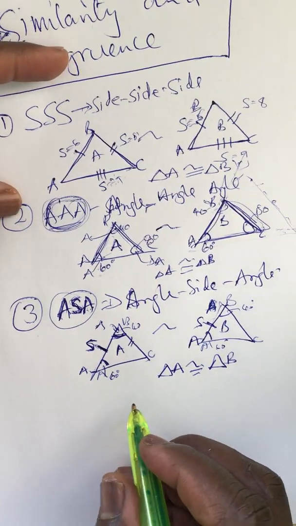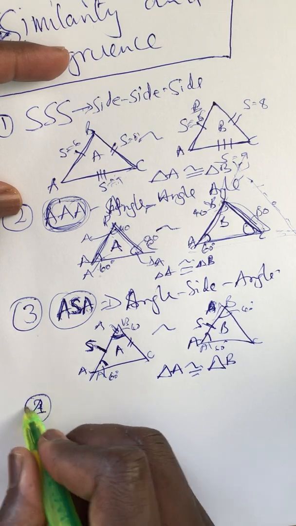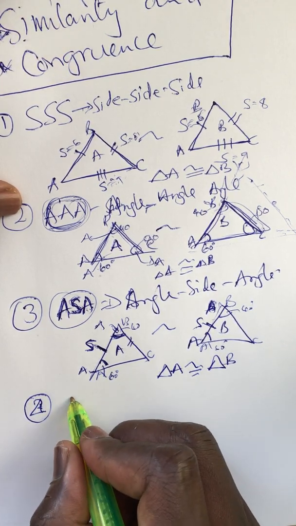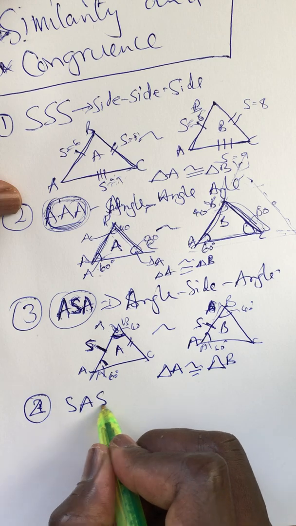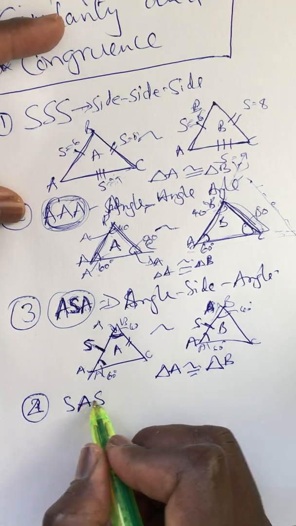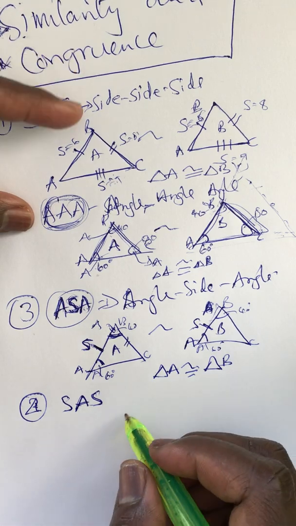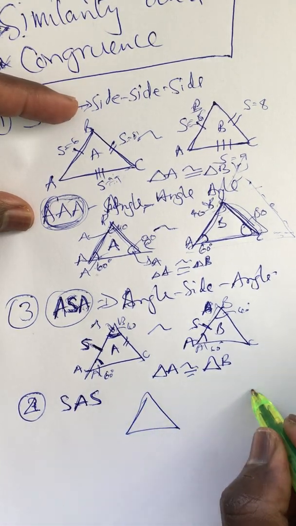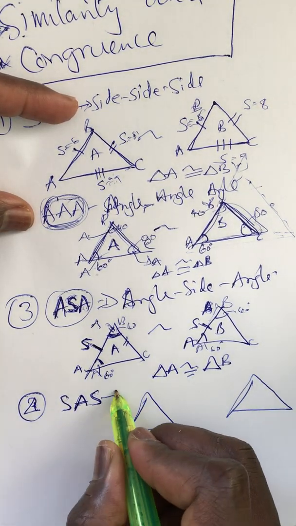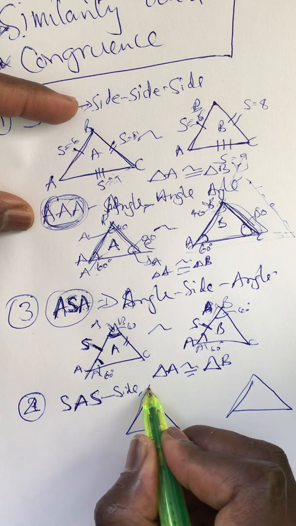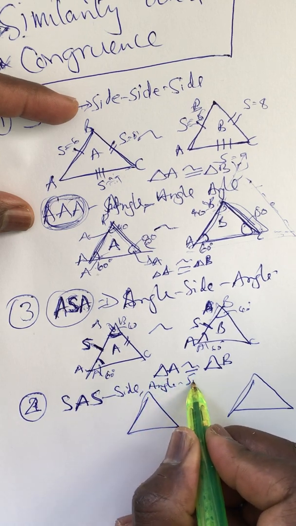So the fourth condition is SAS. This is the fourth condition, and it simply means that when we have two triangles, this one is obviously side, angle, side.